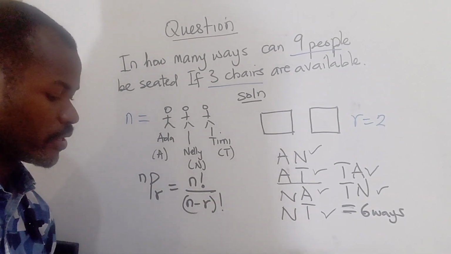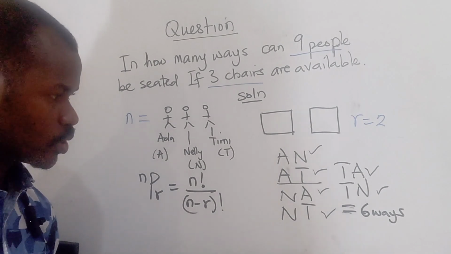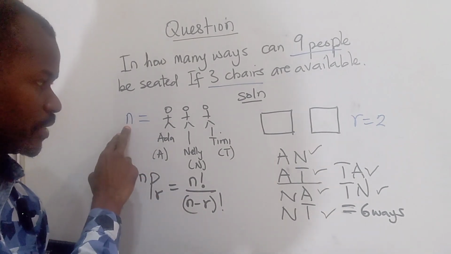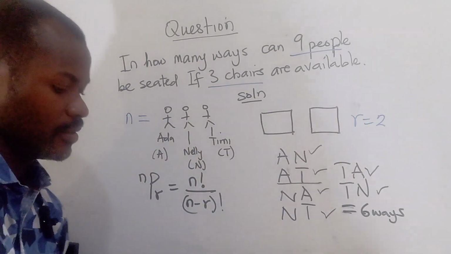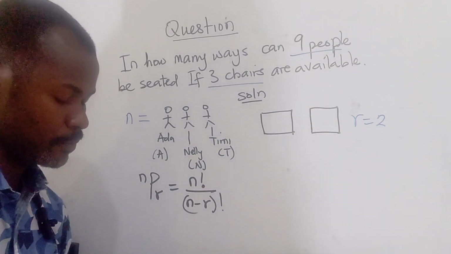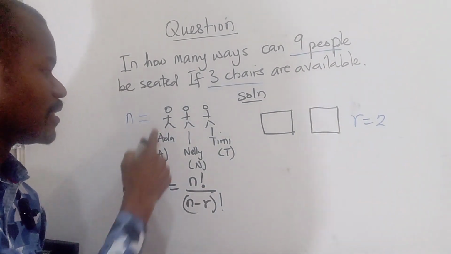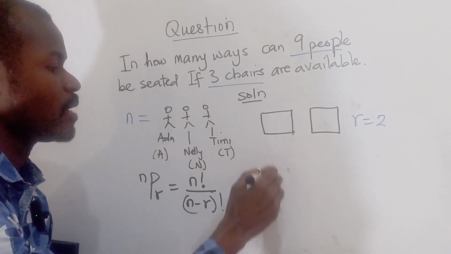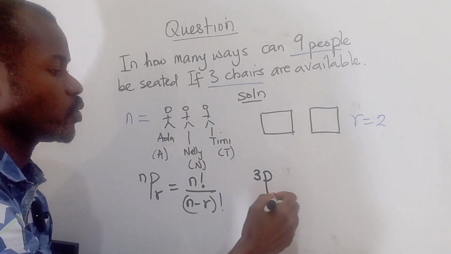So how do we use the number of people as 3 and the sitting spaces as 2 to solve this? All we need to do is, n is 3 here, so I have 3 permutation r, which is 2.